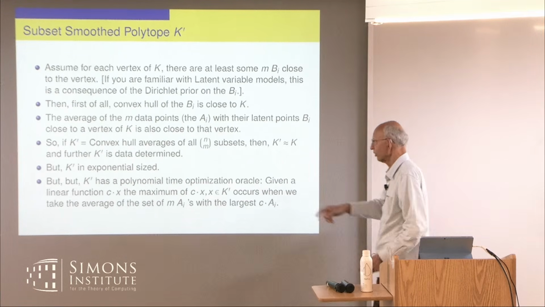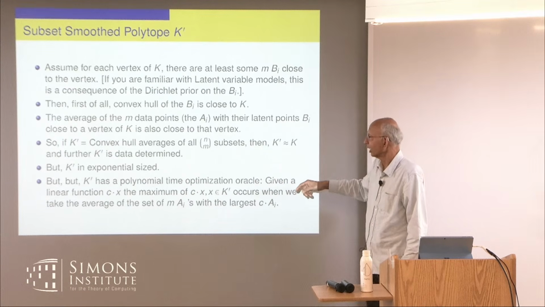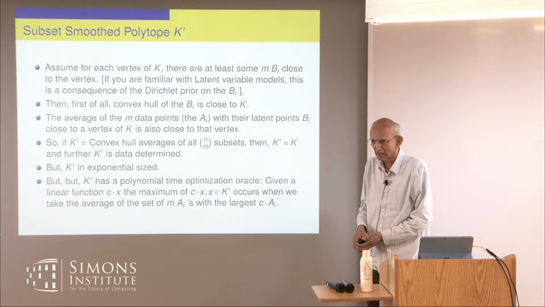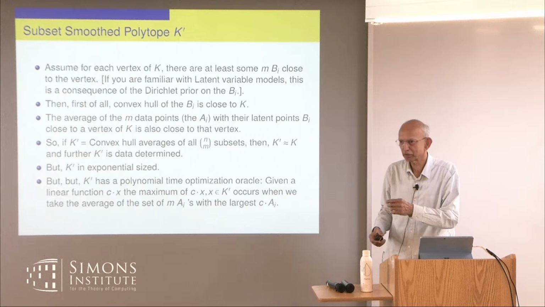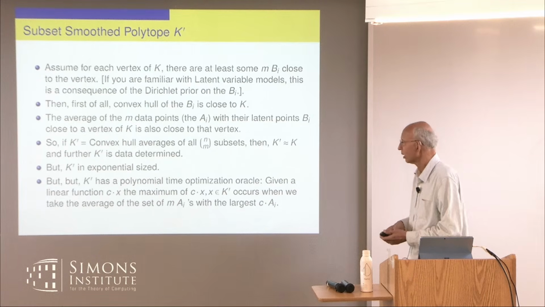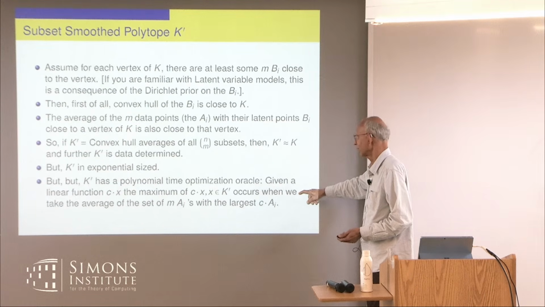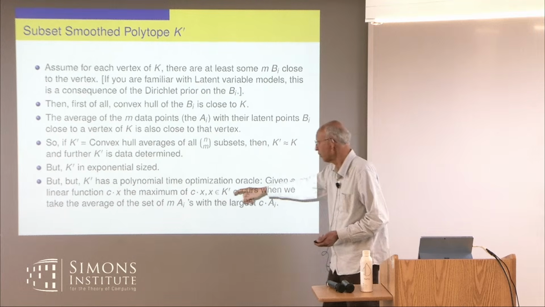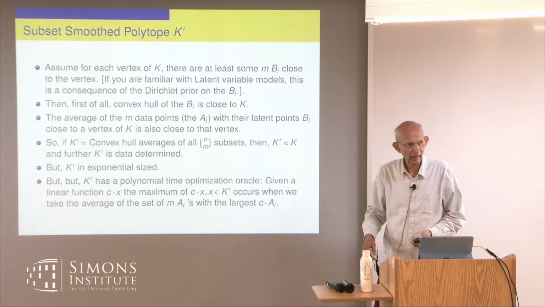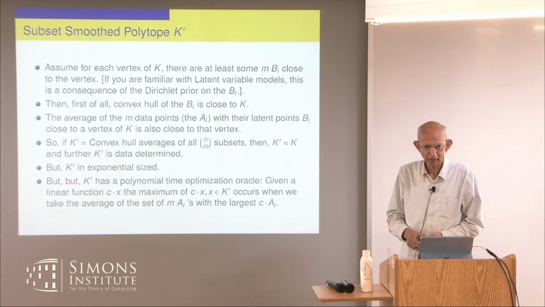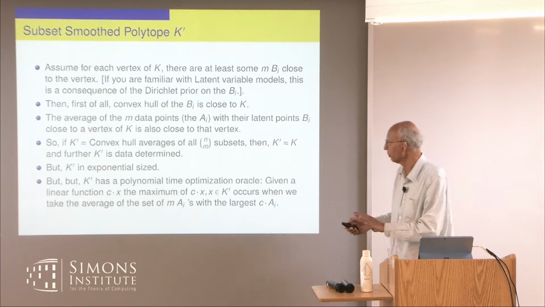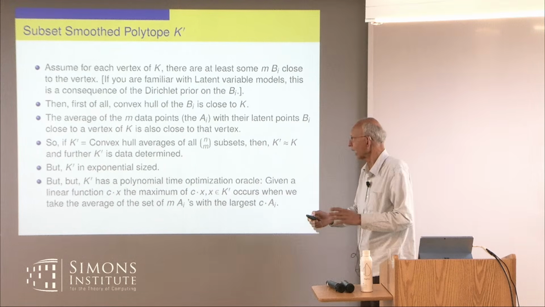K prime has a polynomial time optimization oracle. If I want a linear function optimized over K prime, I can do that in polynomial time, because I just find the M maximum C dot AIs and take them. That should be the best. That simple fact that there is a polynomial time oracle should give you an idea of the convex geometry.